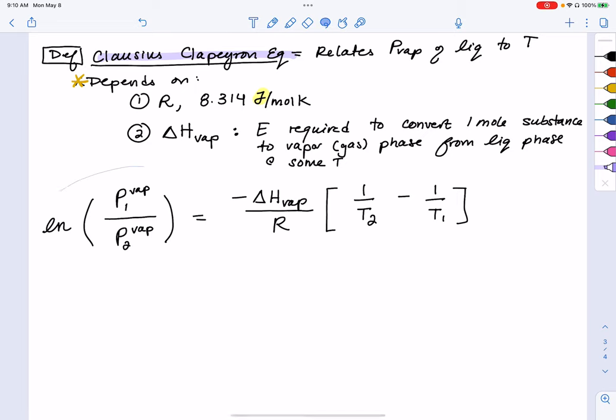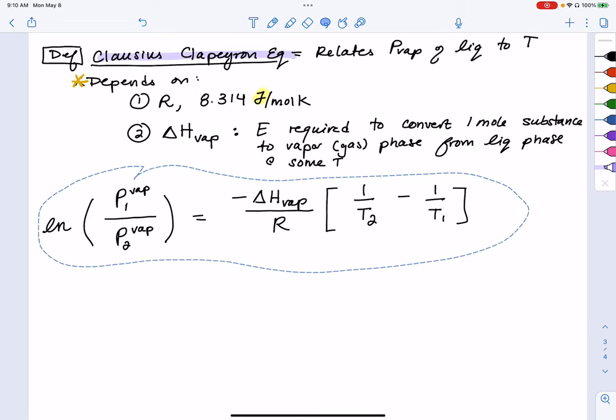So this is the Clausius-Clapeyron equation.